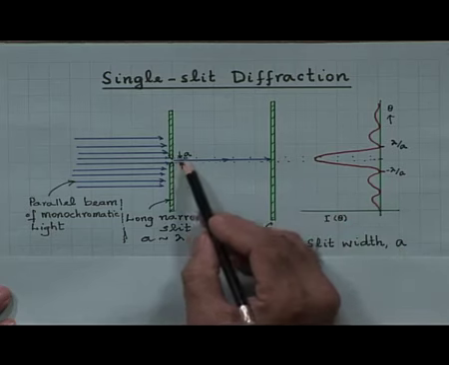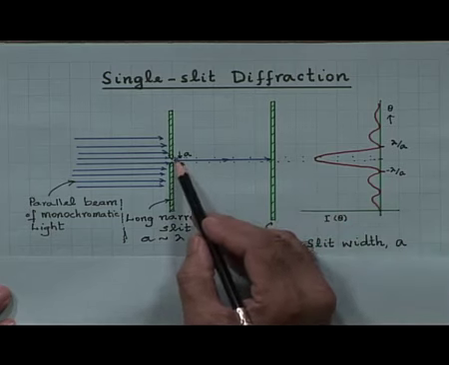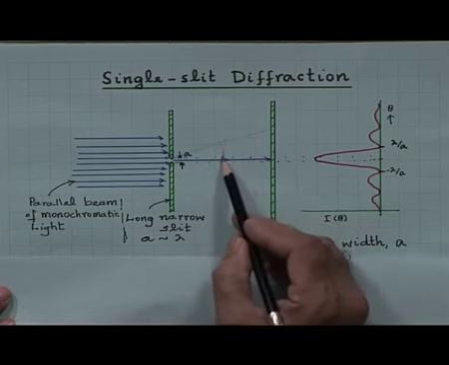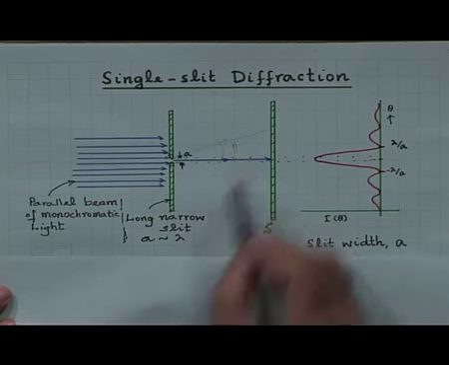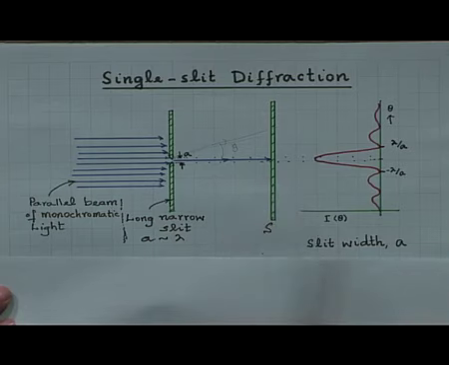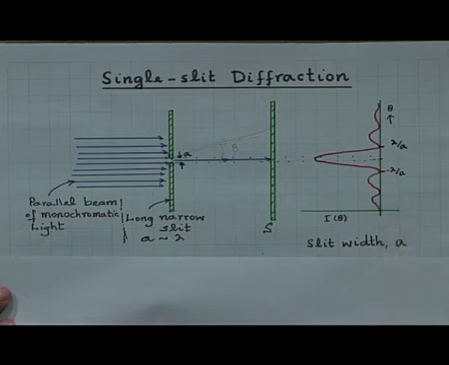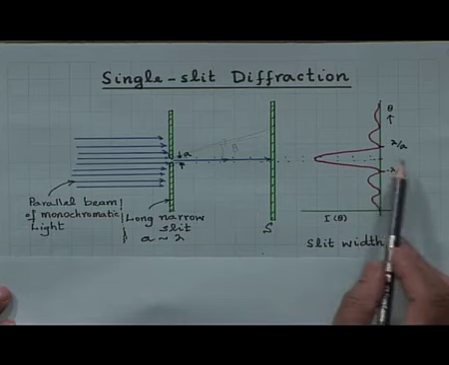So, with respect to this aperture, if I plot a ray like this, then this angle is theta.